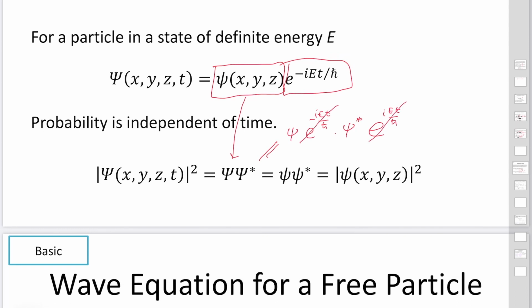So these two terms cancel out and become 1. Only the lowercase psi and its complex conjugate remain, which is independent of time. So it becomes a stationary state. In a stationary state, the wave function probability becomes independent of time.